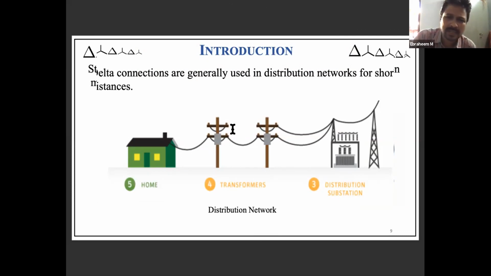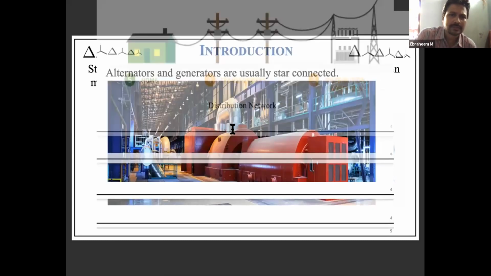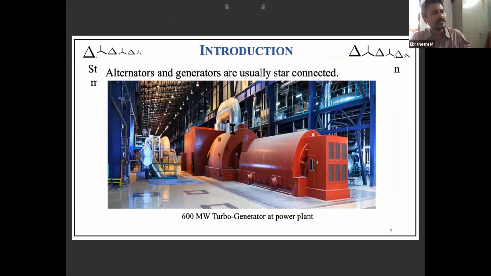The transformer is a delta connected transformer. It is a three-phase transformer. It will be generally delta connected. So there we use delta connection. We will see what is star and delta, it's a simple one only. Only a simple application I want to show you.